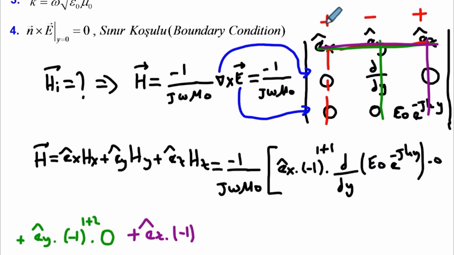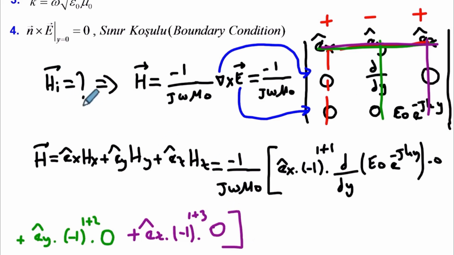Look from here. -1 to the power of 2 gives plus. -1 to the power of 3 gives minus. -1 to the power of 4 gives plus. Actually, this is the source of this. Now I continued. The remaining ones are 0 times 0 minus del over del x times 0. So you see again that it came out as 0 from here, friends.